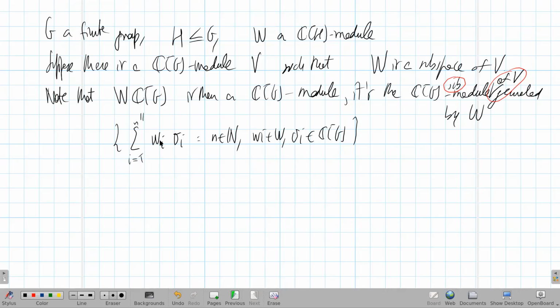And it's not difficult to see that it is a CG submodule, because if you take the sum of these two things, they are already of this form, and if you multiply by an element of CG, of course, it is again an element here, okay? So this WCG, the set of all these sums where n is allowed to be any natural number, and you take the Wi in W and the sigma in CG, is a CG module. And you can describe it in the following way.